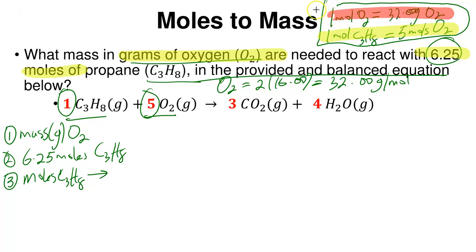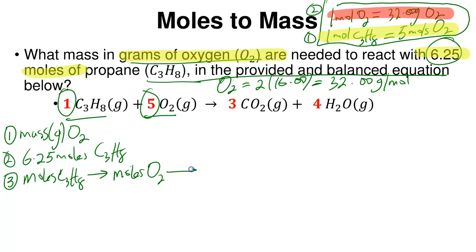We're going to number them, 1 and then 2. Go from moles of propane to what? Moles of oxygen. That's what we'll do first.